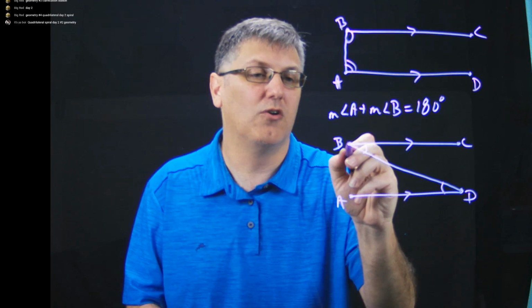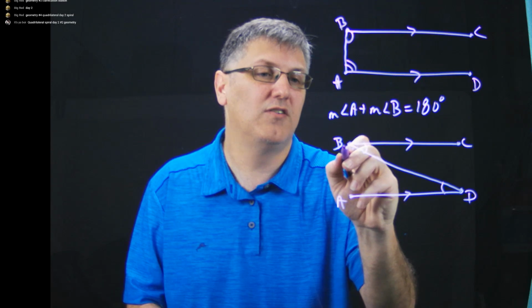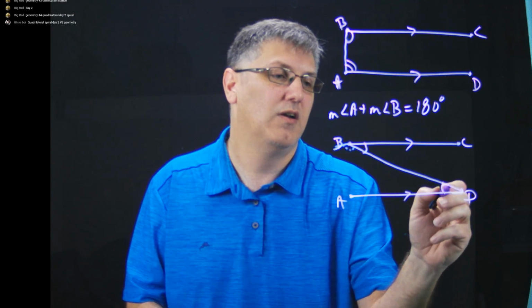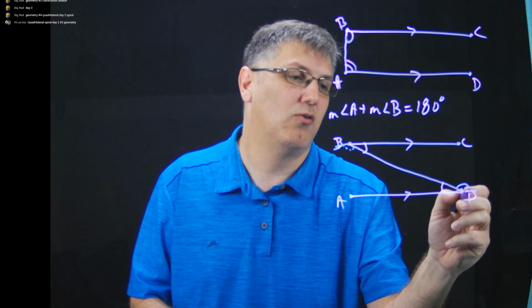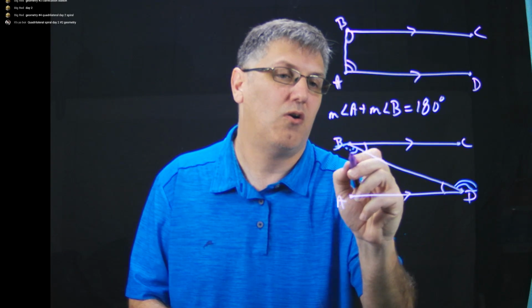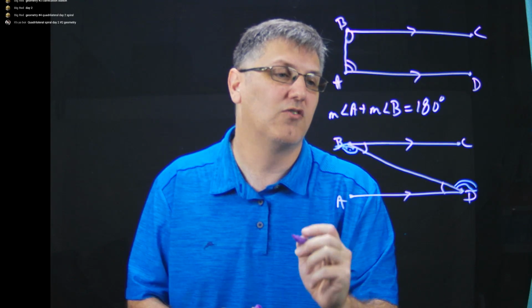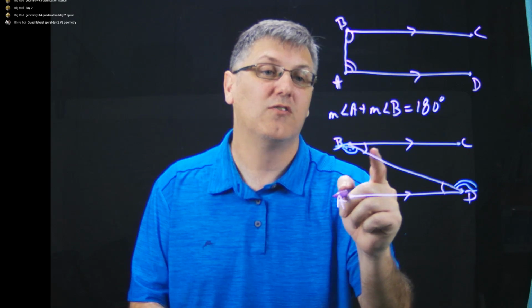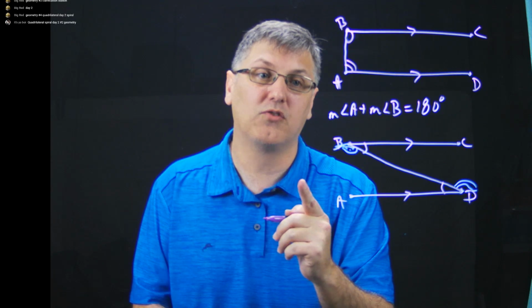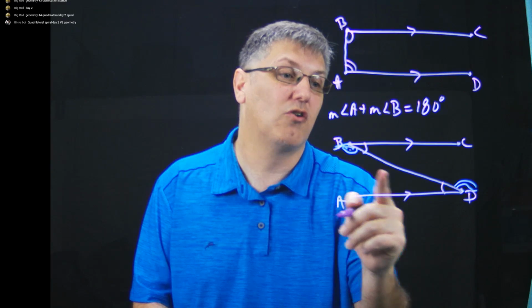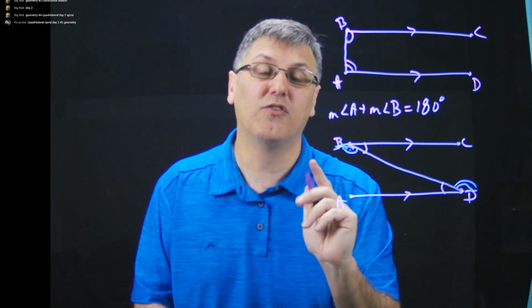We would also know that this angle right here and this angle right here are going to be congruent because those are opposite interior angles. These two are linear combinations, which would make them supplementary. These are same side interior, same here, they're supplementary.